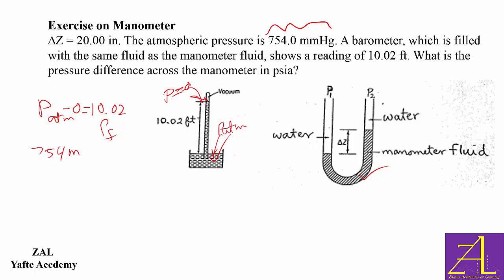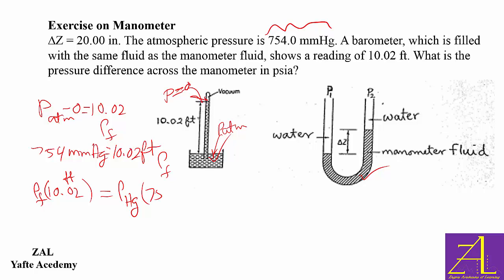754 millimeter of mercury is equivalent to 10.02 foot of manometer fluid with density rho f. I can get the density from here because I can write rho of manometer fluid times 10.02 in foot, of course, manometer fluid, we learned that this is equal to rho Hg times the column of Hg, which is 754 millimeter of Hg.